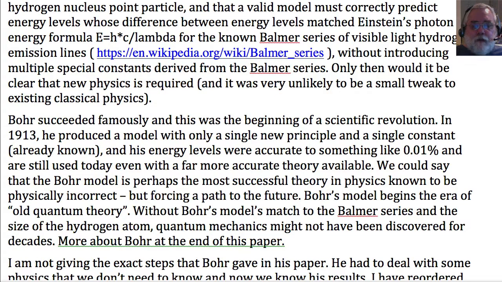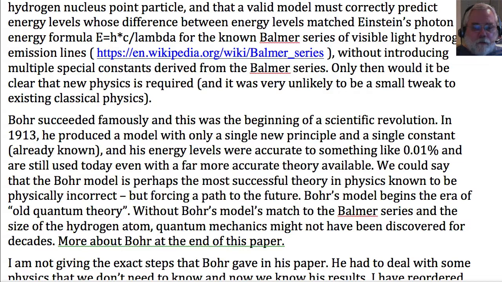Bohr succeeded famously, and this was the beginning of a scientific revolution. In 1913, he produced a model with only a single new principle and a single constant already known, and his energy levels were accurate to something like 0.01%, and are still used today, even with a far more accurate theory available.